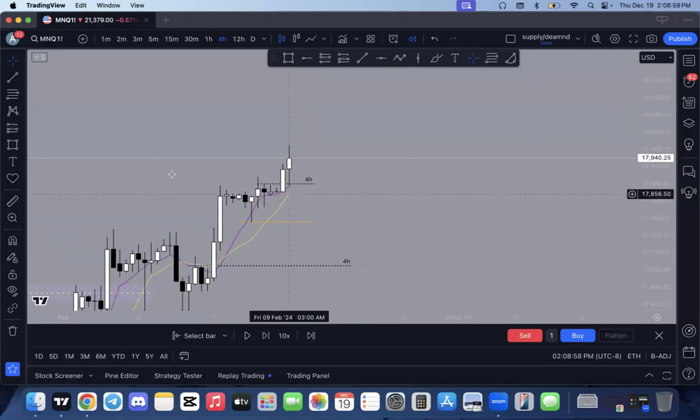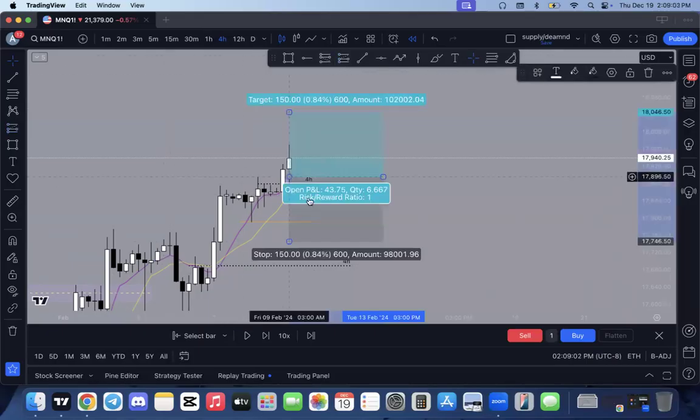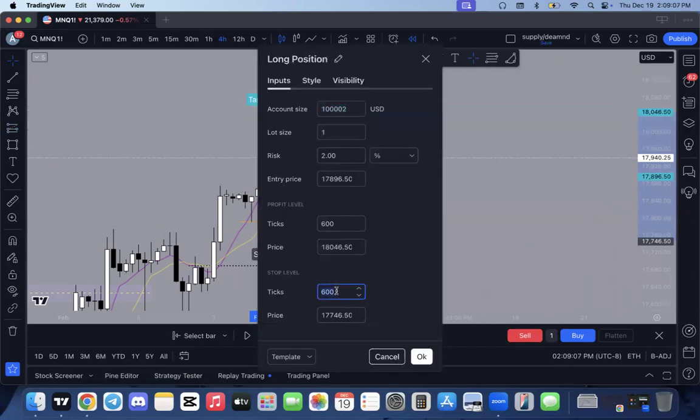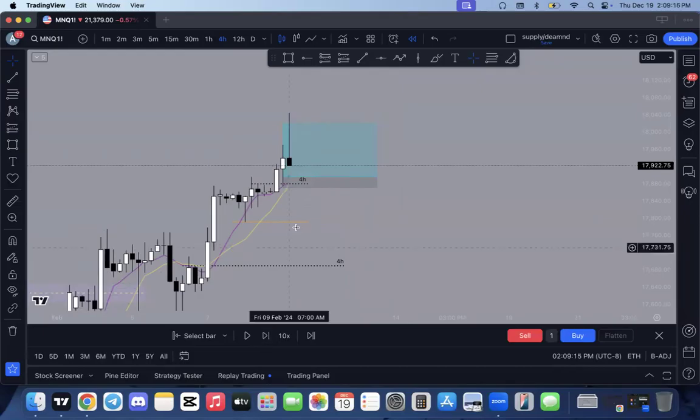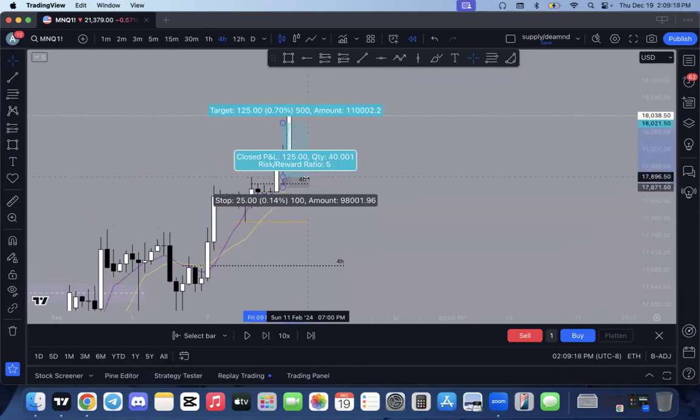But like I said, you probably could have gotten a little entry right here at the flip or something, and then 100 to 500. Okay, and then boom. I mean, it's crazy how accurate this is.